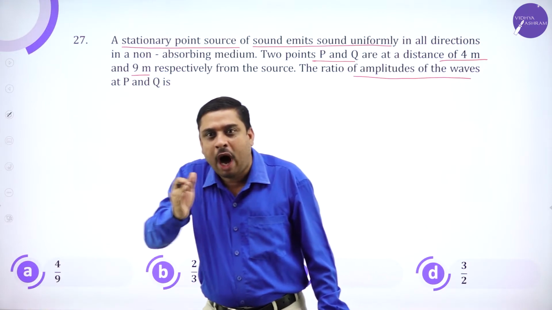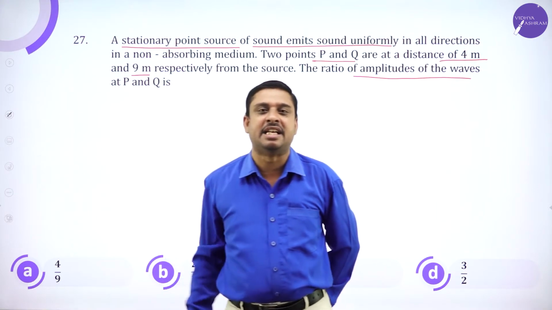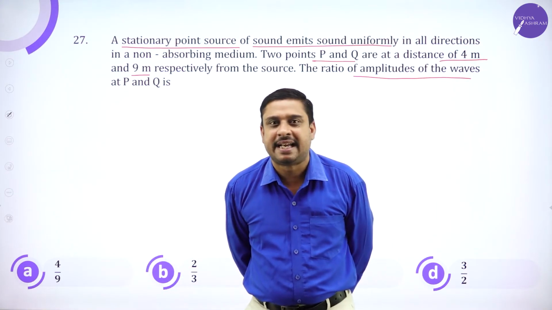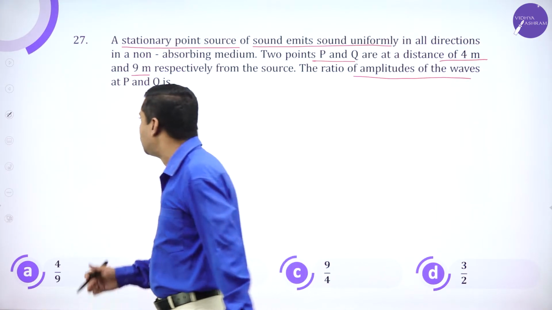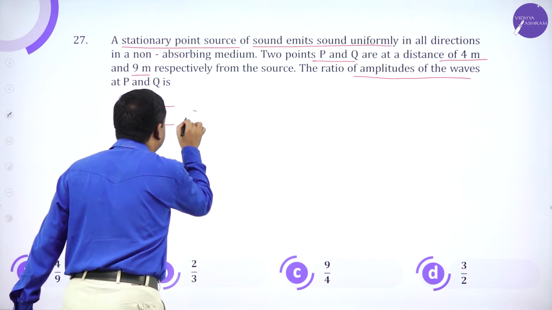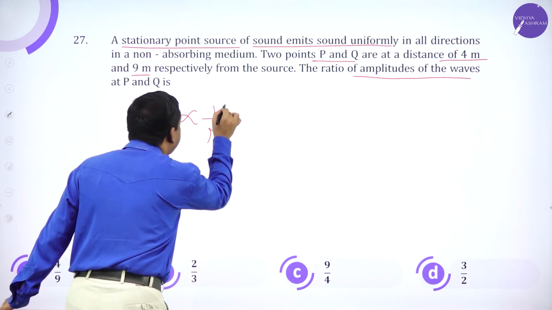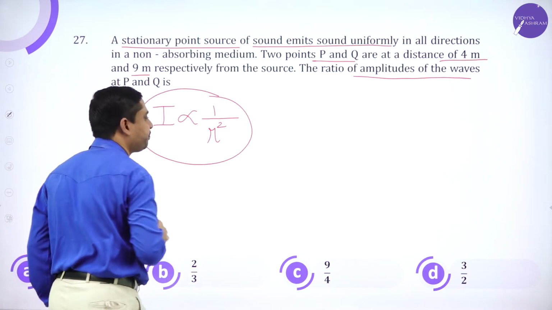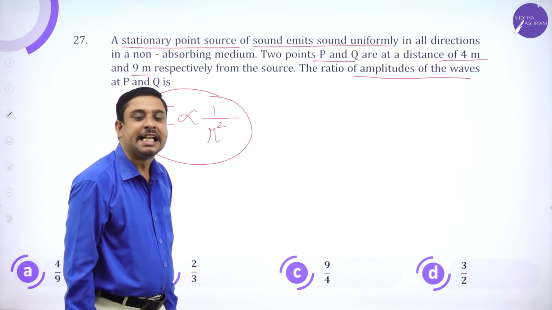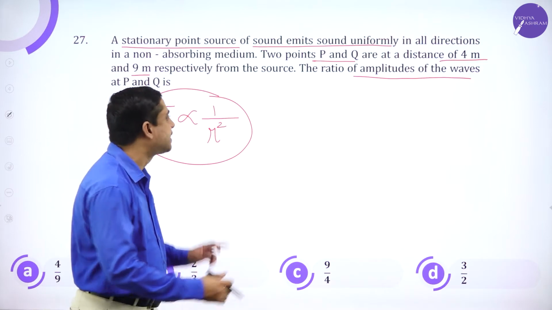As you go away from the source, as the distance increases, intensity decreases. So to understand, you need to know this relation. Intensity is 1 by r square. It is inversely related to the square of the distance.